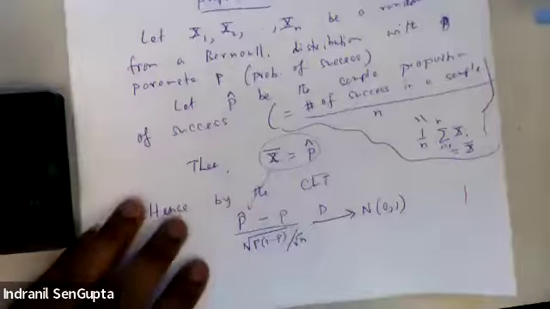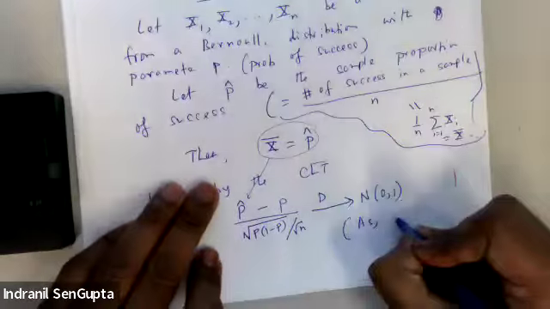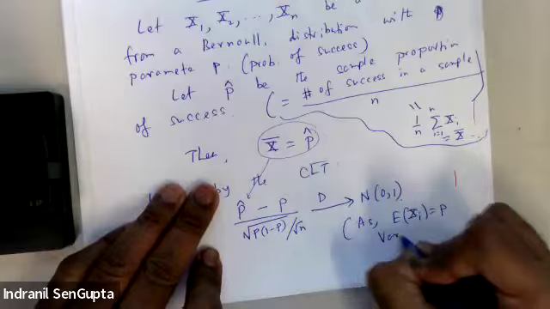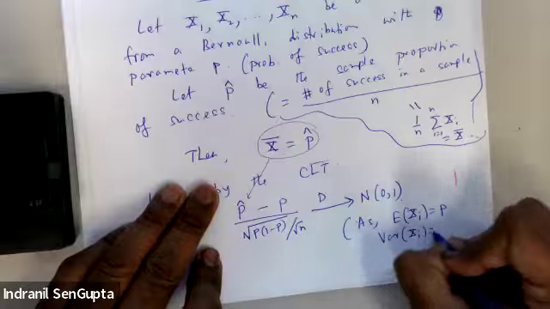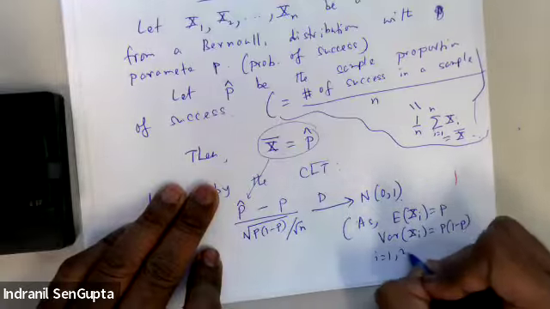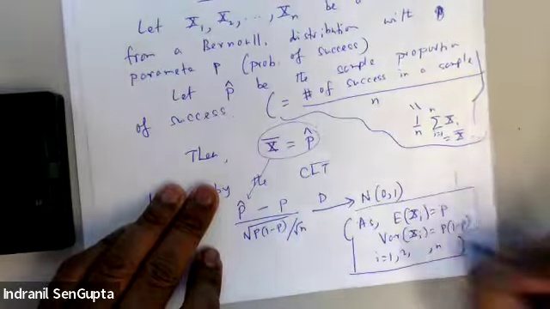That is true because the expected values of the x_i's are p and the variances of the x_i's are p times (1 minus p), for i equals 1 to n. They are IIDs.